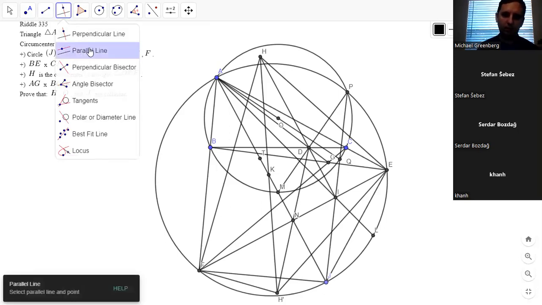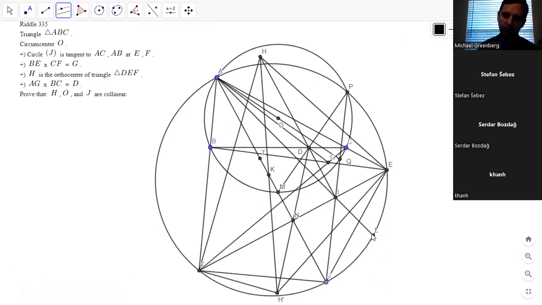Let's see. If I draw this, I could get rid of this point H prime. I just don't know how I'd use it. This is the orthocenter then. I kind of like that idea because then we have lots of isogonals, right?